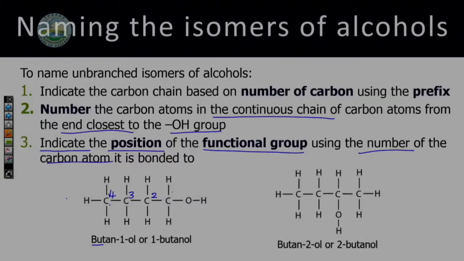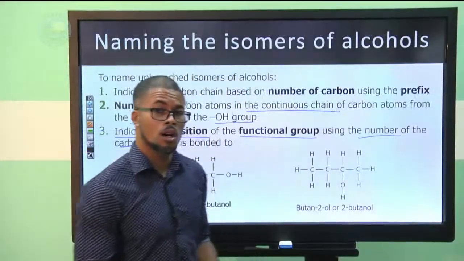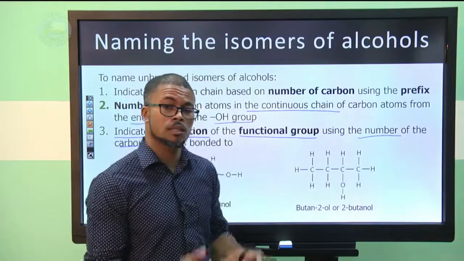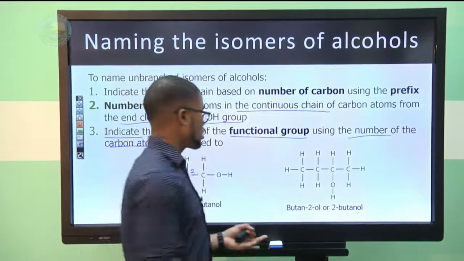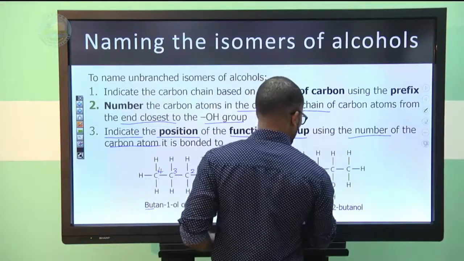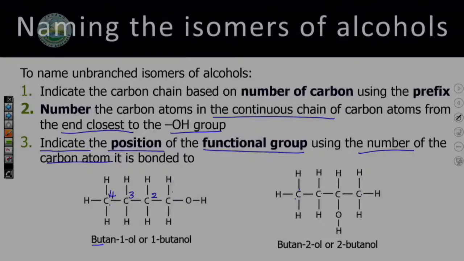So we have a next example here. We have butan-2-ol. How was the name derived? The same steps that we have learned. There are 4 carbons within the molecule: 1, 2, 3, 4. So we know that we have but. Then we look at the OH group. We're going to number the carbons on the continuous chain, beginning with the end closest to the OH group.